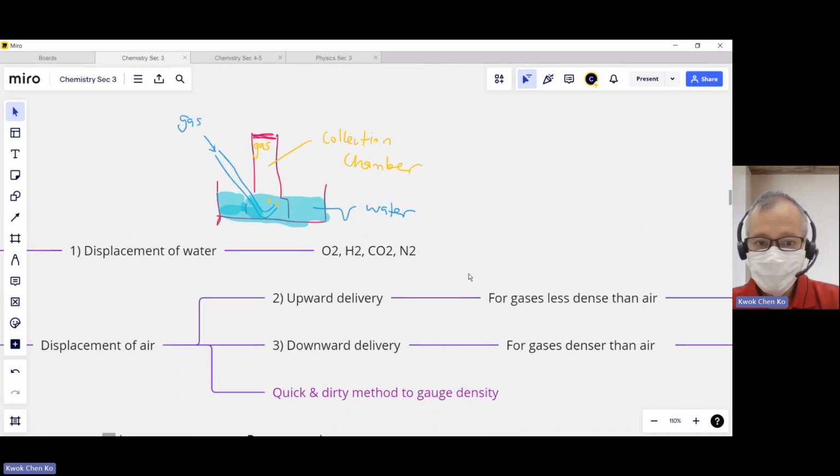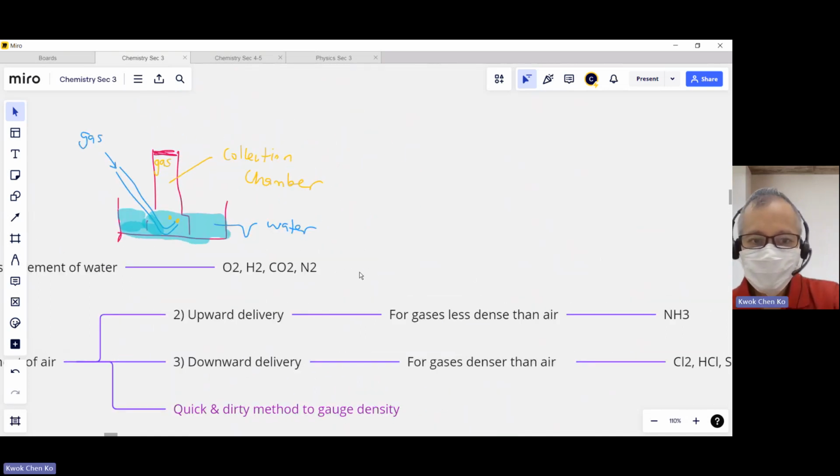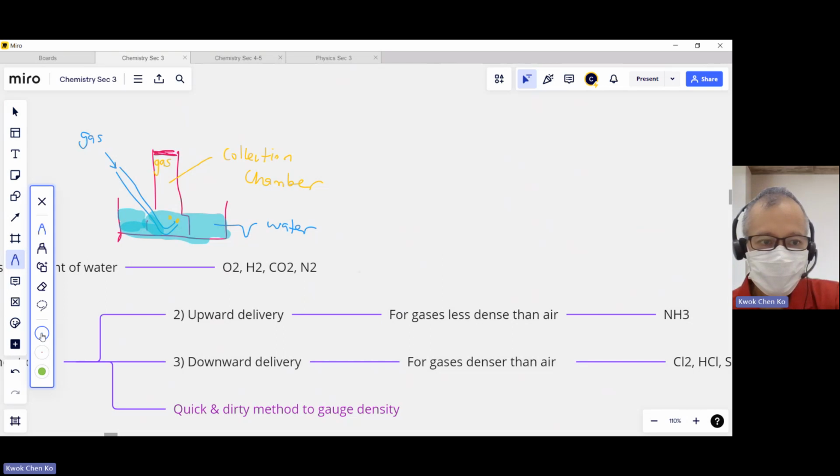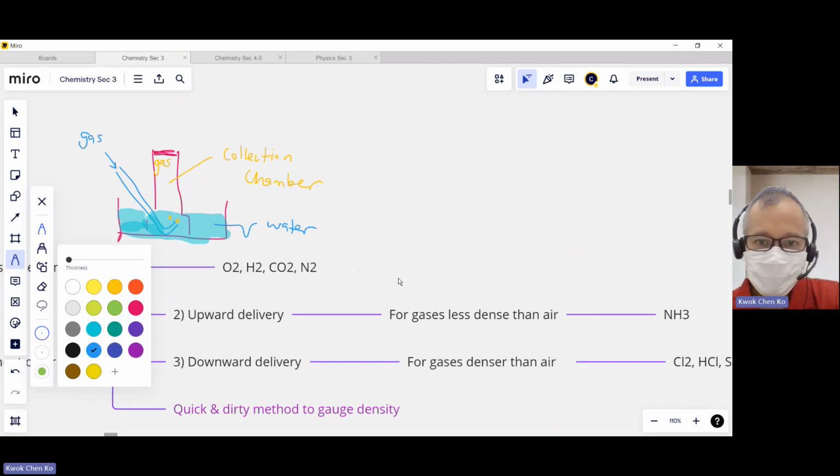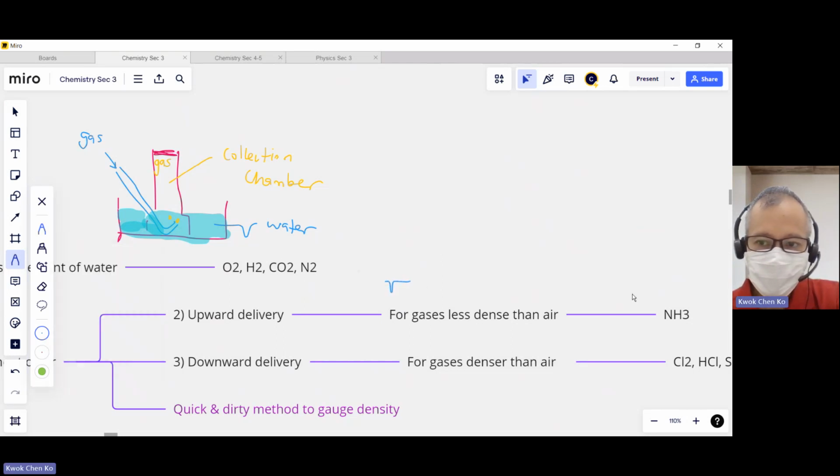So what is upward delivery? All right, it is simple. You simply allow your gas to go upwards into this glass container here.